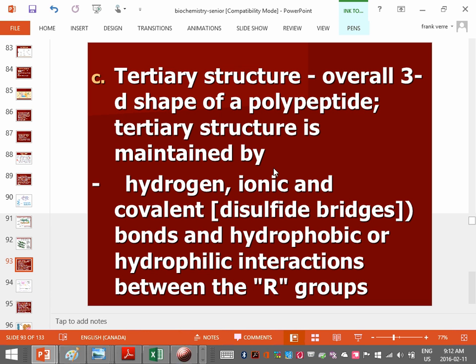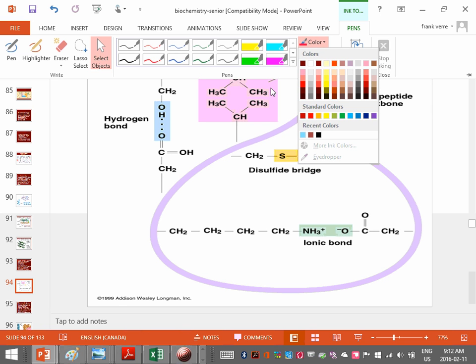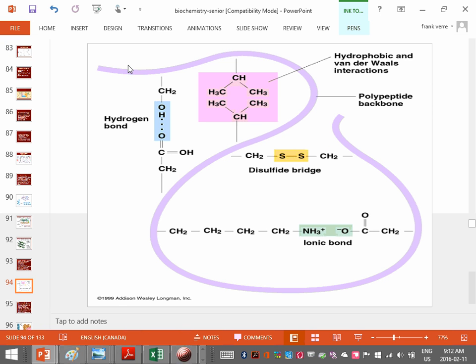That's the third level, okay? So the overall shape here, you might have some coiling and folding going on. So maybe this area is coiled, maybe this area is folded, but the overall shape is the three-dimensional level. Sorry, the third level, okay?